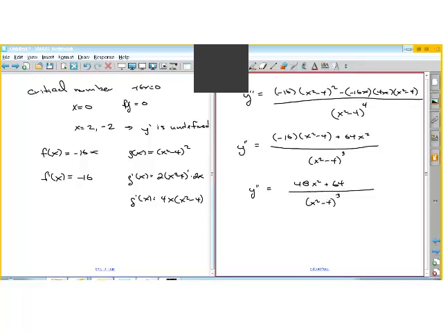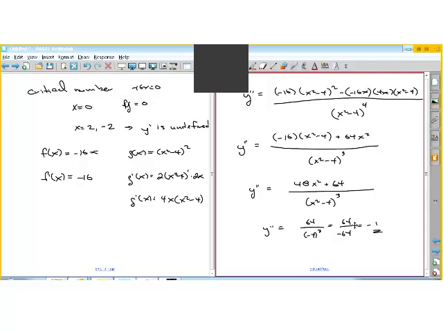And you see we had a critical number here at x equals 0. If you plug x equals 0 in there, you get y double prime is going to be, well, 64 divided by negative 4 cubed. Well, negative 4 cubed is negative 64. And so that becomes negative 1.